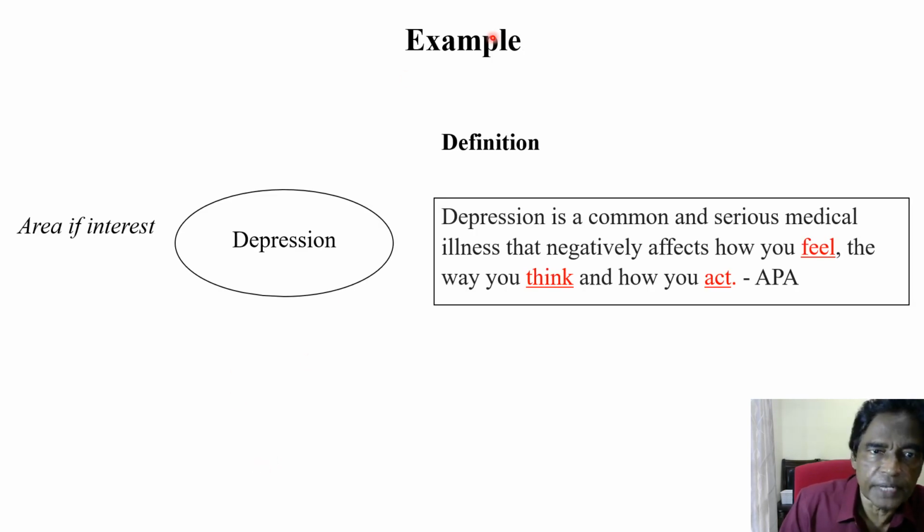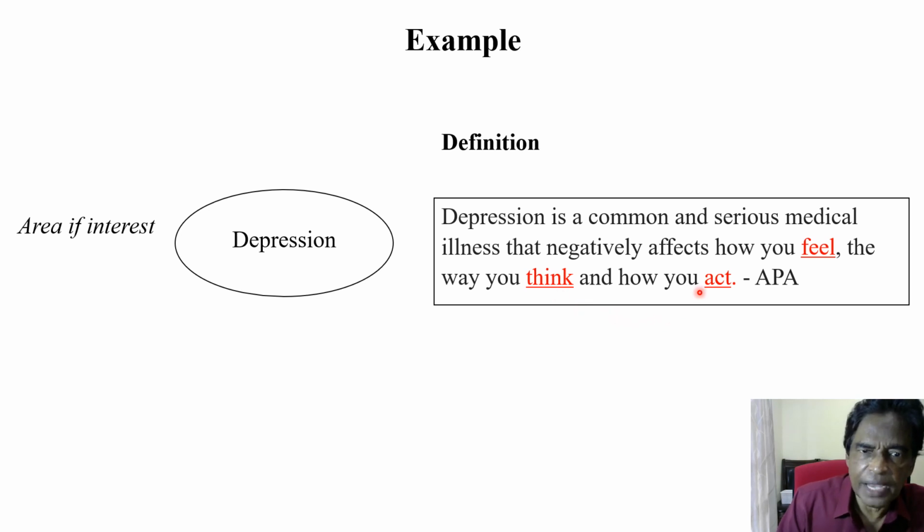Our example today, we're going to talk about the area of interest, depression. So I go to Google and search what is depression. According to APA, depression is a common and serious medical illness that negatively affects how you feel, how you think, how you act. So these are keywords in that definition.